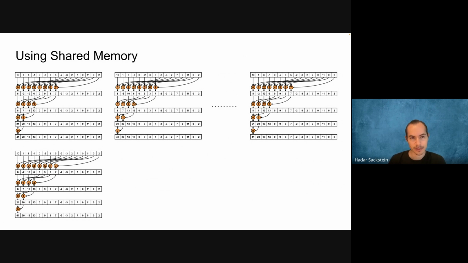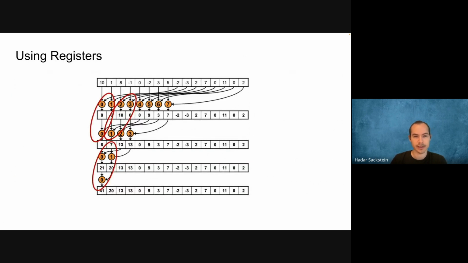We can also further reduce shared memory accesses by using registers. Instead of every thread reading only 2 elements, summing them up and writing them back, we can take this red circle or ellipse and do 3 additions.